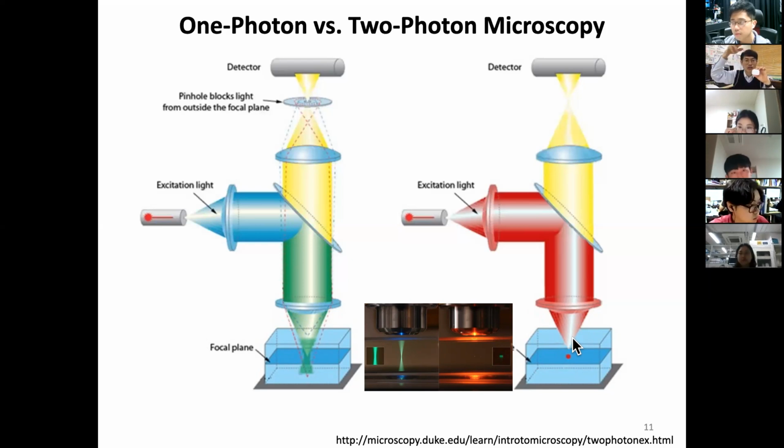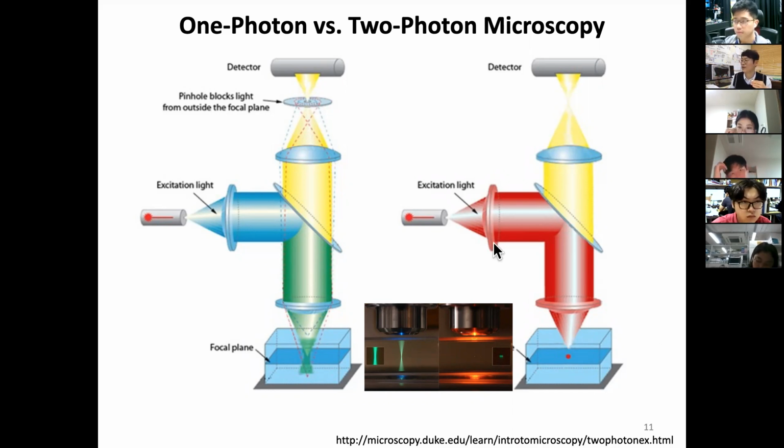However, if you shine the photons so high that the density or flux of photon excitation gets so high, there are chances that two photons simultaneously excite this molecule. Then how does the molecule feel? Actually, it feels like, oh, I've got two photons simultaneously, double the energy. So you don't need very high energy.